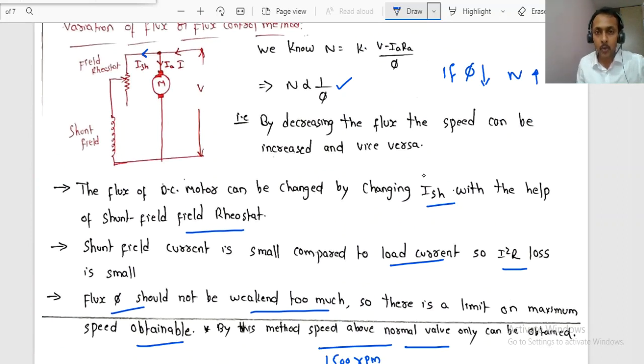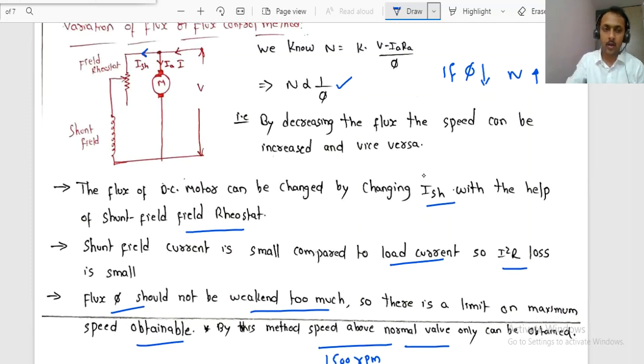Speed is inversely proportional to the flux. If the flux is low, speed will be high. But at the same time, you should not weaken the flux too much. If the flux is made weak too much, the speeds will become very high. And another important point, this method is useful for speeds above rated speed. If you want to attain a speed above rated speed, then you can use this method.